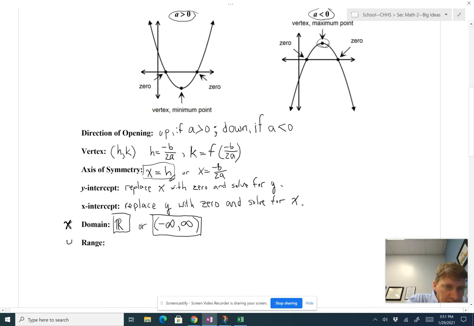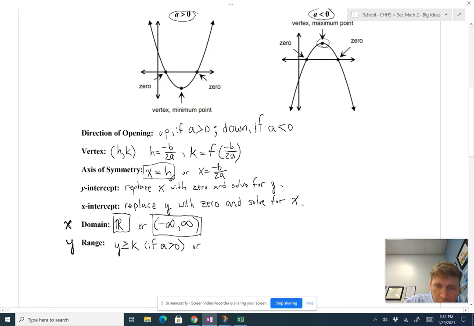The range is all of the y values. And so the range is y greater than or equal to k if a is greater than 0. If it's positive, it opens up, then you're going to have y greater than or equal to the k value, which is the y value of the vertex.